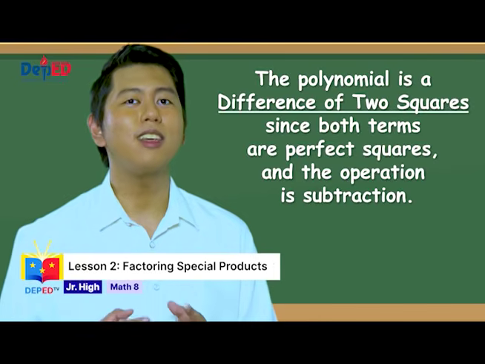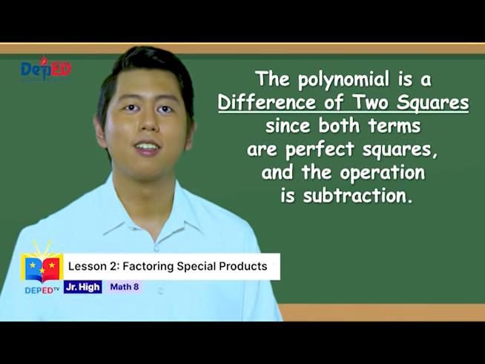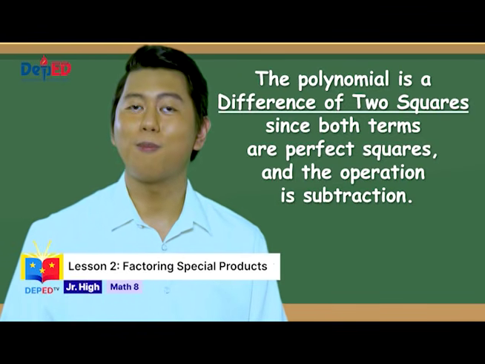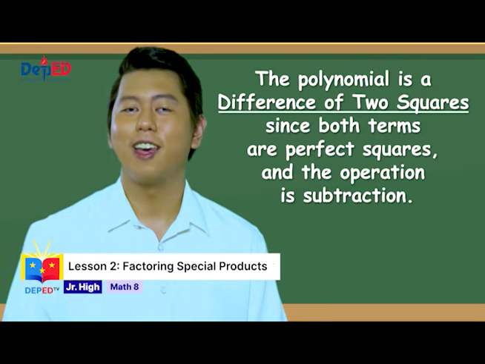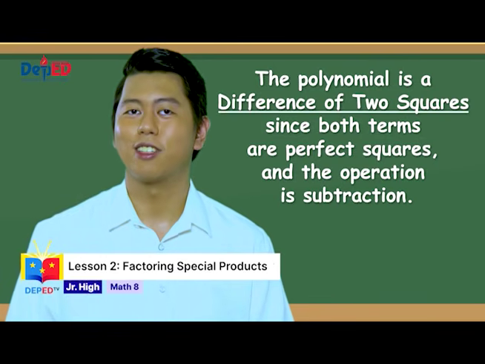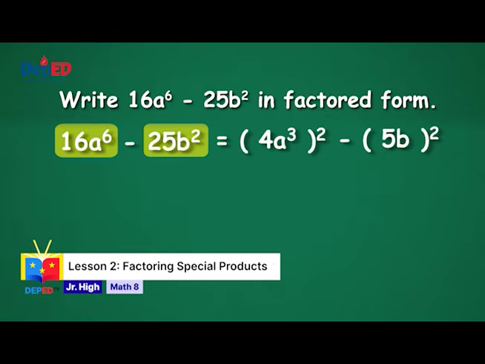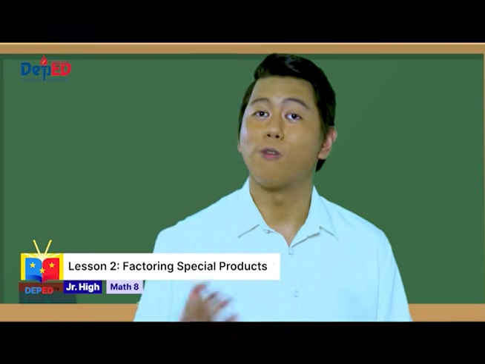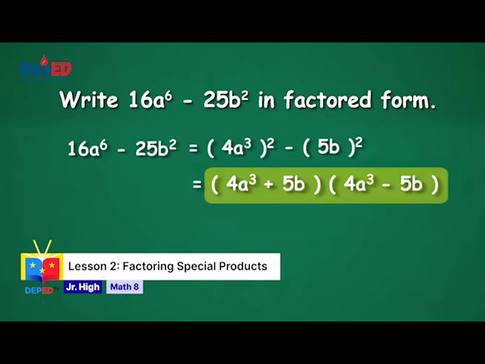The polynomial is a difference of two squares, since both terms are perfect squares and the operation is subtraction. Hence, 16a raised to 6 minus 25b squared is equal to the quantity of 4a cubed plus 5b times the quantity of 4a cubed minus 5b.